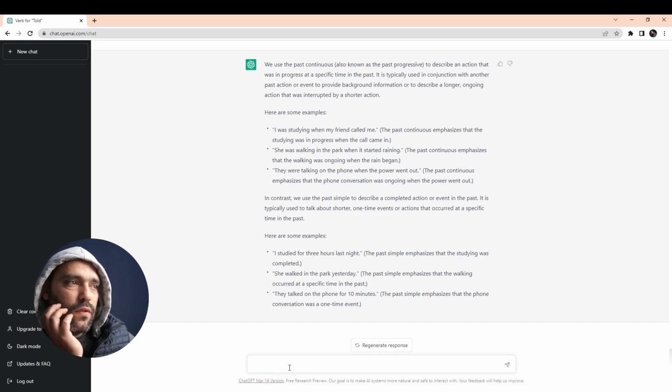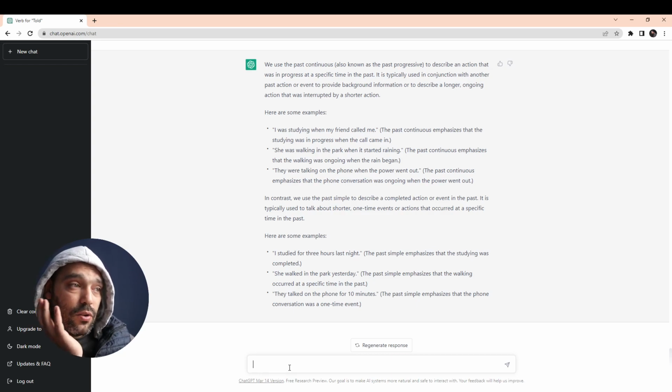The past continuous emphasizes that the walking was ongoing when the rain began. They were talking on the phone when the power went out. The past continuous emphasizes that the phone conversation was ongoing when the power went out.